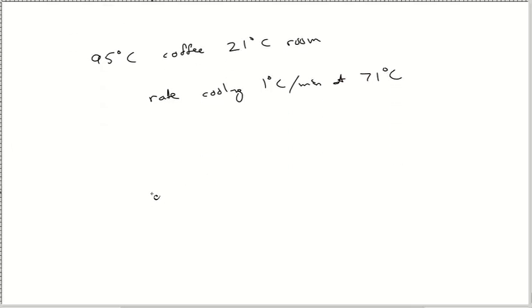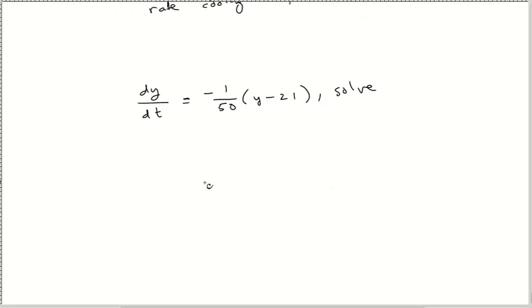And they give you this y prime, dy/dt is equal to negative 1 over 50, y minus 21. Solve. I am not going to solve this because this is an easy answer here. I'm just going to give you the answer.